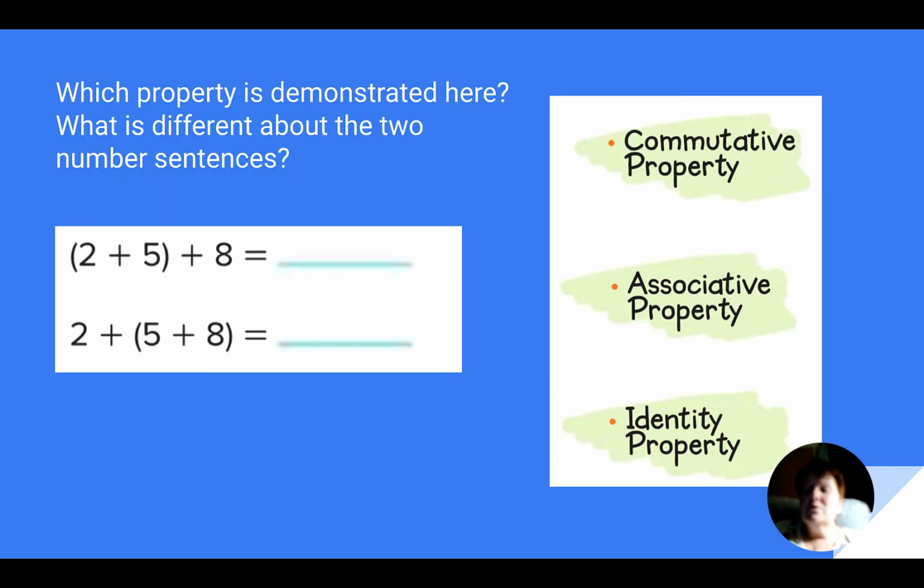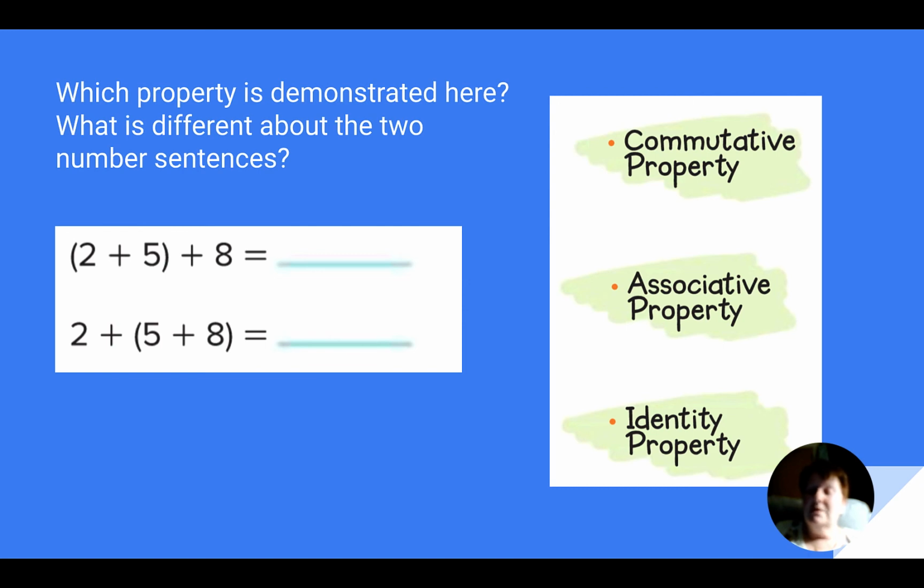Okay, which property is demonstrated here? What is different about the two number sentences? Are they the same digits? Yes, they are. Are they in the same order? Yes, they are. What has changed? Oh, only the placement of the parentheses has changed.